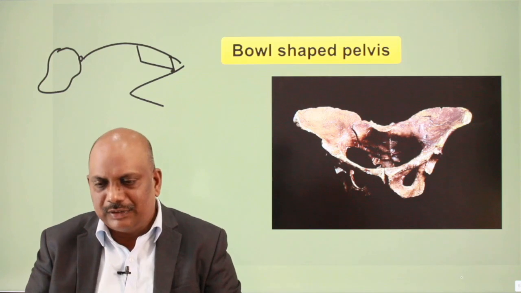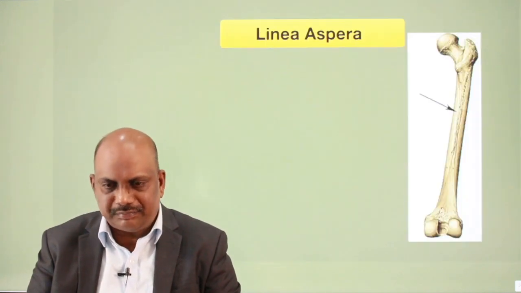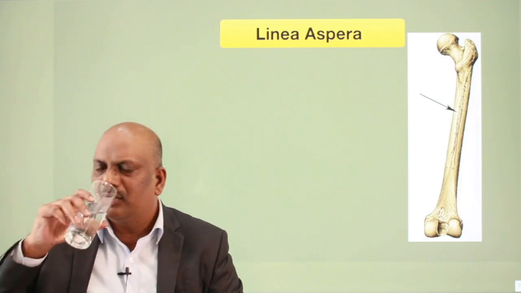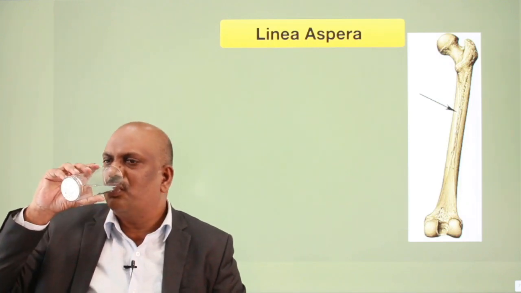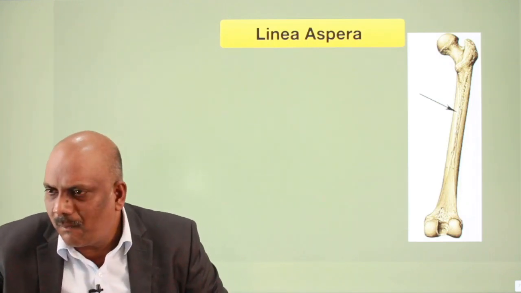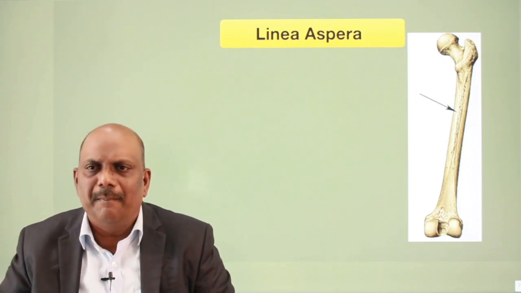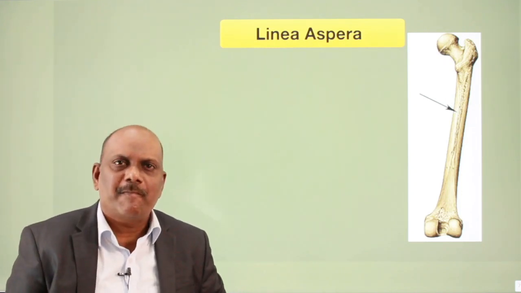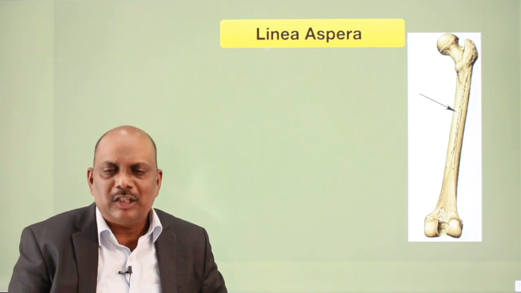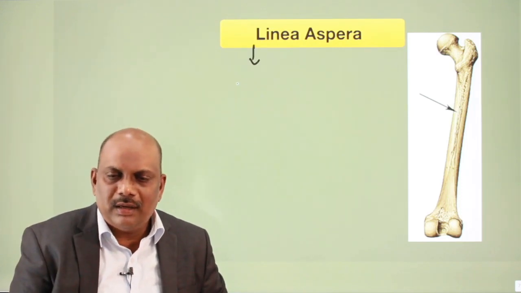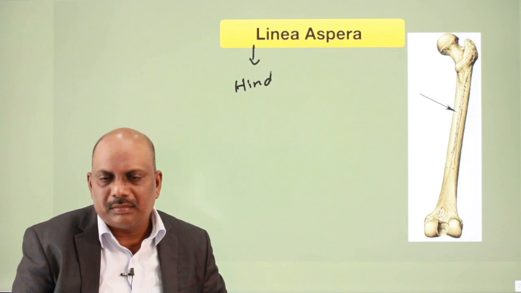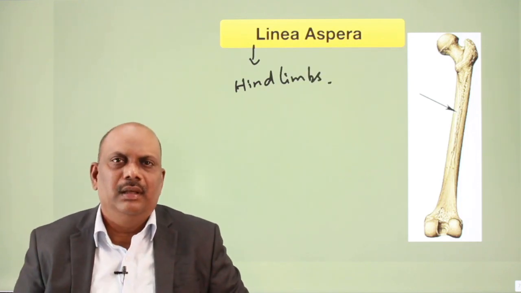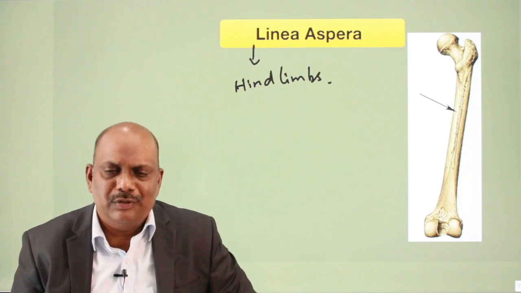Okay, fine. So next is the presence of linea aspera. This linea aspera is present only in hind limbs. Linea aspera refers to a small groove.